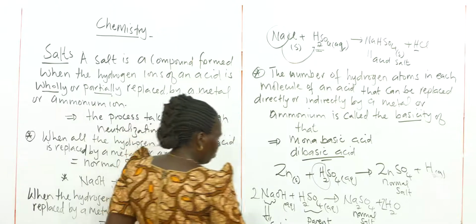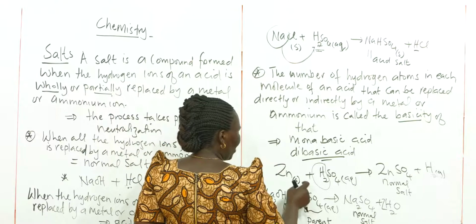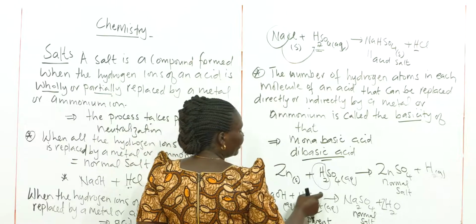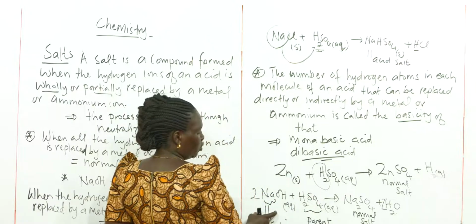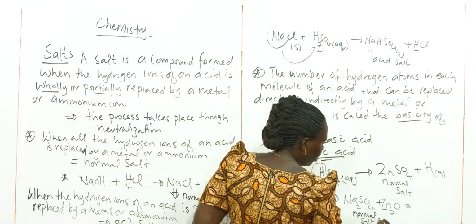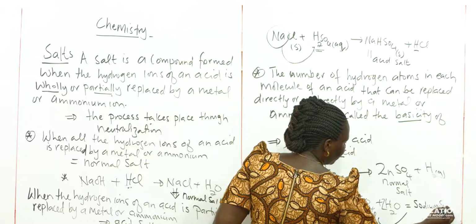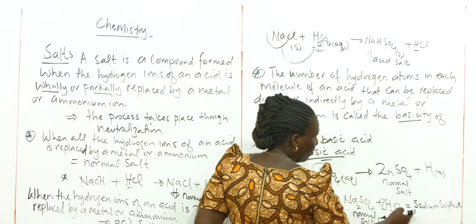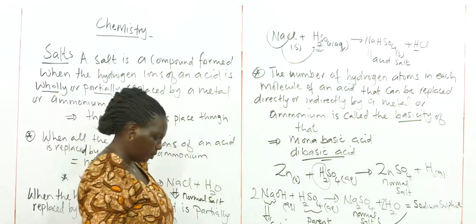So sodium will displace hydrogen from the parent acid. Once hydrogen is displaced, what we have is the sulfate, and the metal is sodium. So this salt is called sodium sulfate. This is the name of the metal, and this is from the parent acid, that is the sulfate group.